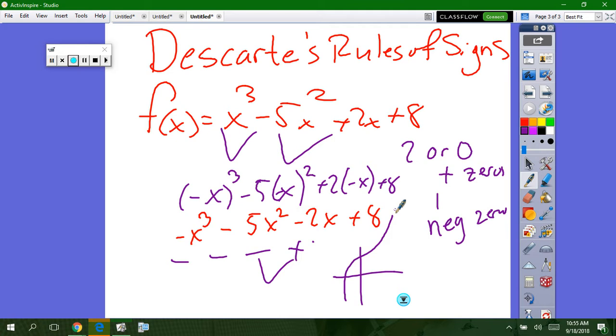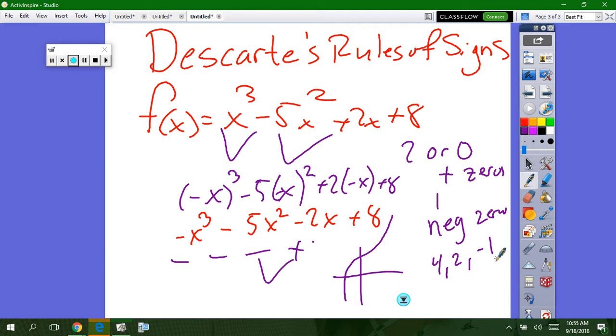What was our answer? What were our zeros? So I had 4, 2, negative 1. What did I end up with? 2 positives, 1 negative. Descartes' rule of signs will tell us the possibilities that are available for our zeros. So is it only imaginary?